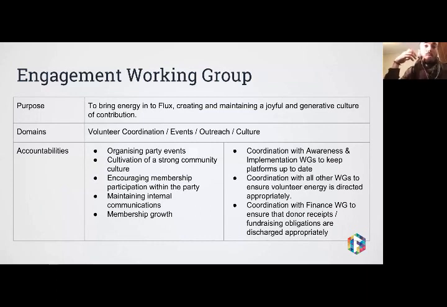The reason we enjoy doing what we're doing, and I do think that while a lot of us are beavering away working on laptops, it is the face-to-face contact and the time that we spend together that really forms bonds that let people work together well. And that's the work that the engagement group will be doing, amongst other things. Yeah.